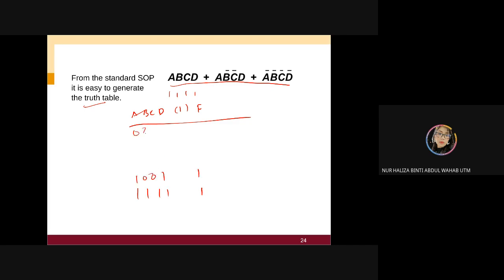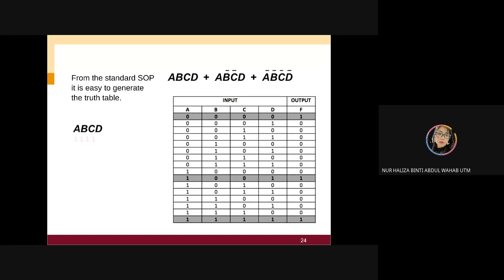This one is 0, 0, 0, 0. I get 1. The rest will be 0, 0, 0, 0. This is your truth table. Very easy one, which is applying the SOP again. I show you, A equal to 1, A bar equal to 0. Your output will be 1.